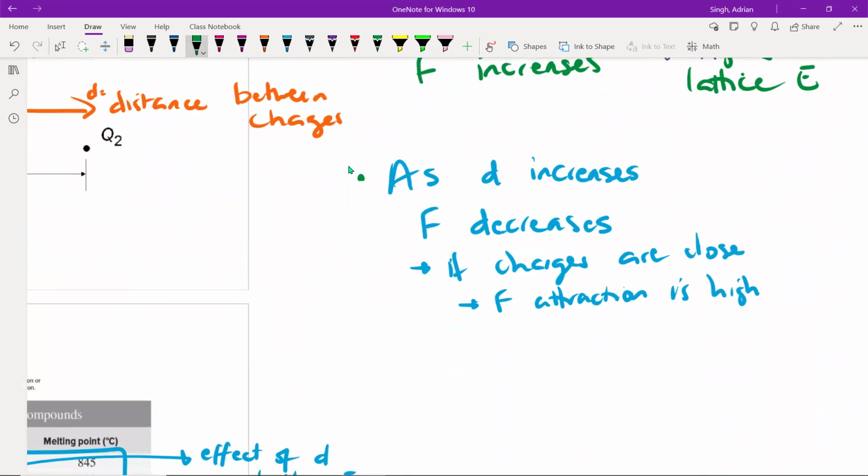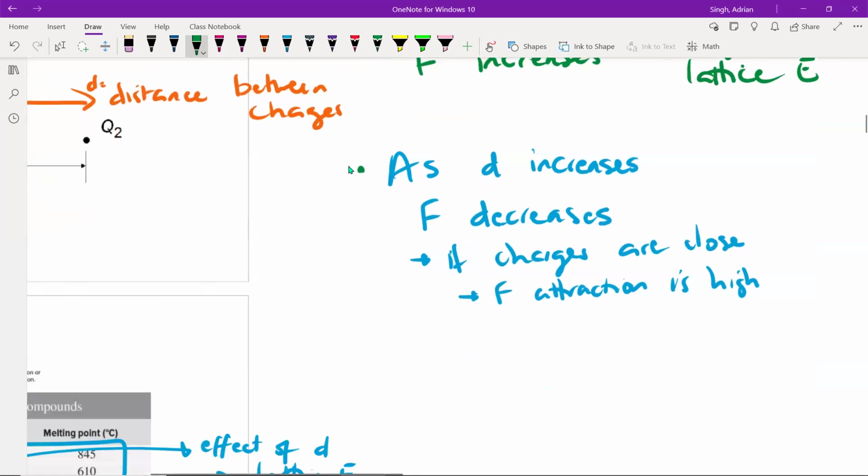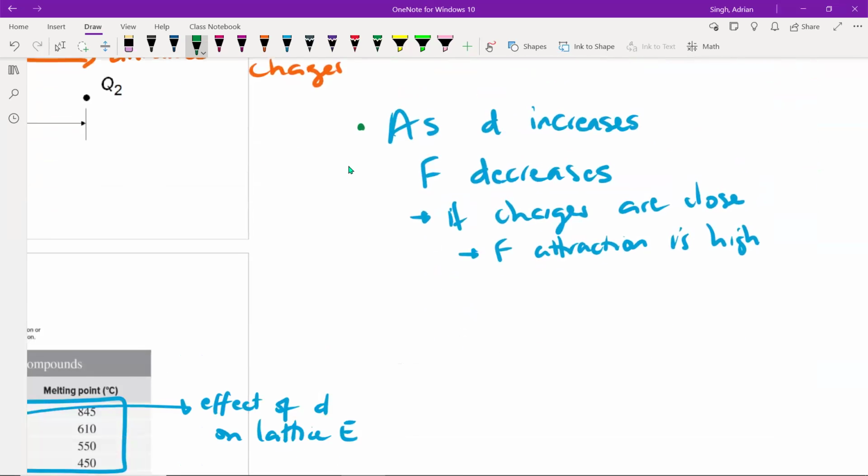So we can say then, as the distance between the charges, between the ions, increases, the force of attraction between them decreases, which would mean a lower lattice energy for this particular scenario.